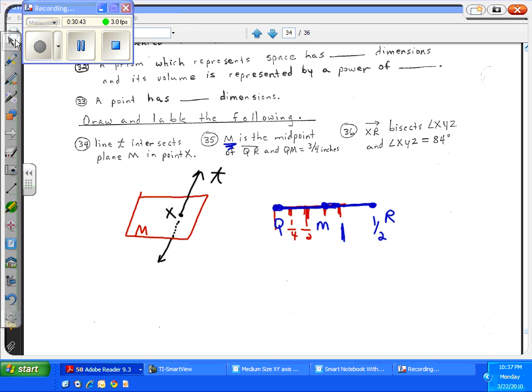So you would have created segment QR with a midpoint of M, so that QM is 3/4 inches, and I would like you to label that, and MR is also 3/4 inches, okay? Again, we expect you to use your ruler and it to be exact. If it's not, it will be counted wrong if you're taking a test for me.